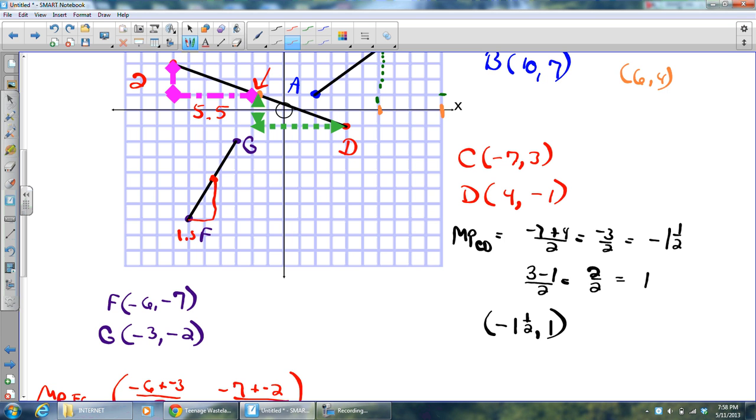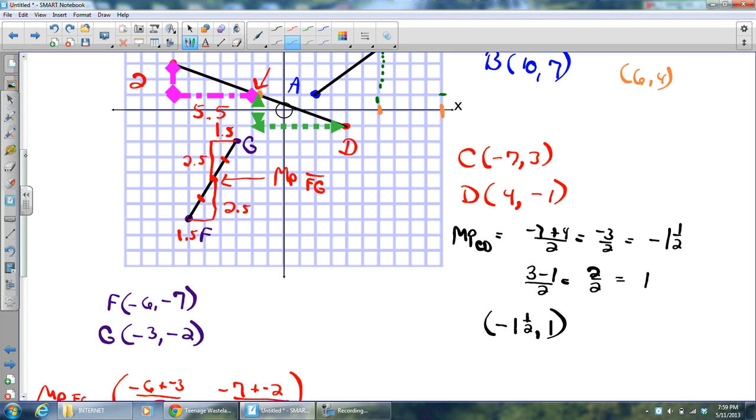So 1.5 and 2.5. And then if I go here, I'm going to go over 1.5, and then down 2.5. And there you go. I get a congruent triangle, so I can assume that the hypotenuses are congruent to each other, and therefore this point right here is in fact the midpoint, M, of segment FG.